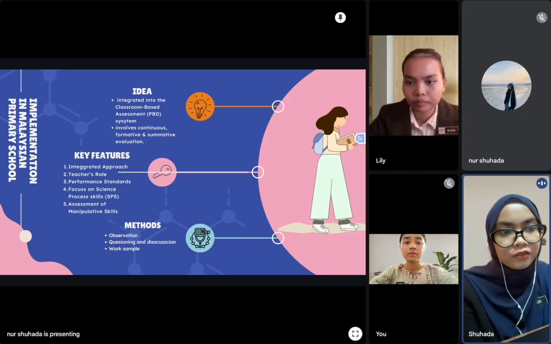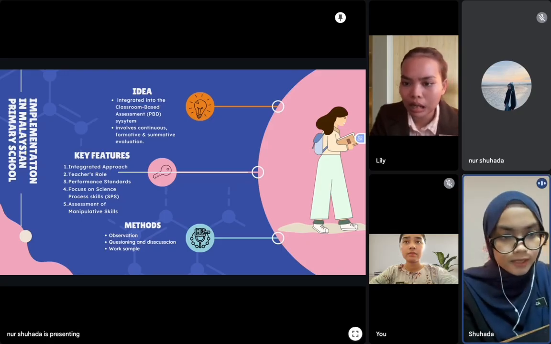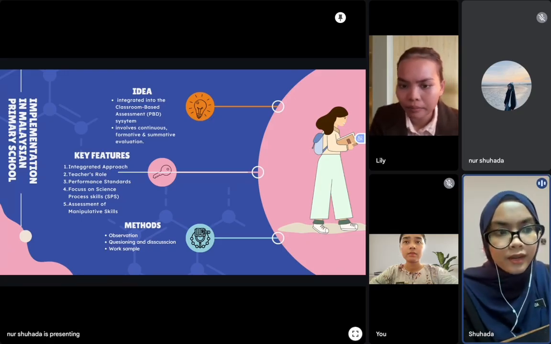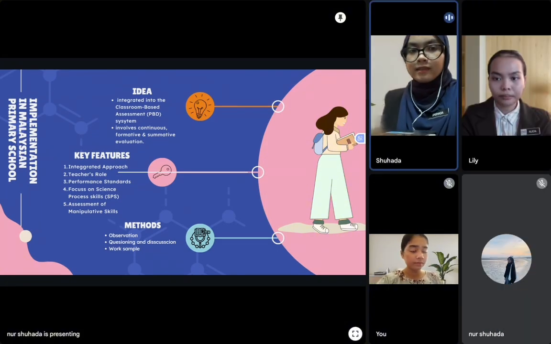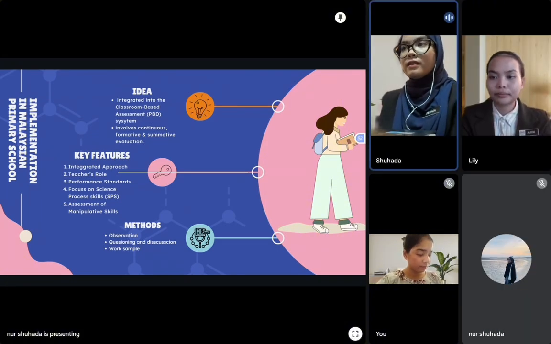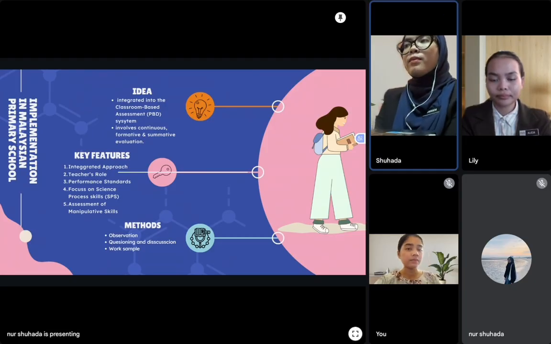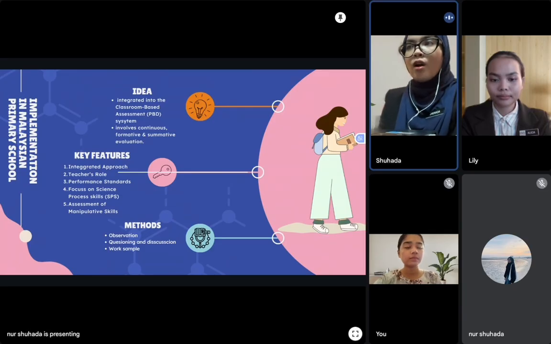Teachers evaluate students' ability to apply knowledge and skills and track their progress through this level. They employ various methods to assess this skill. First, observation. Observe students during practical activities to gauge their ability to handle equipment, follow procedures, and work safely.